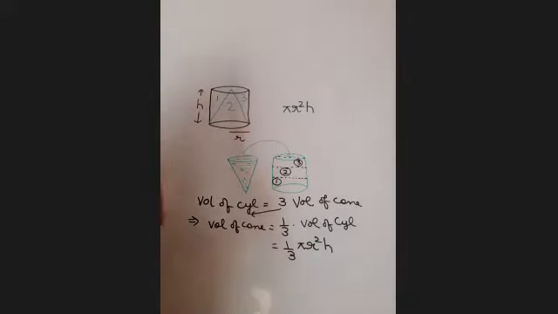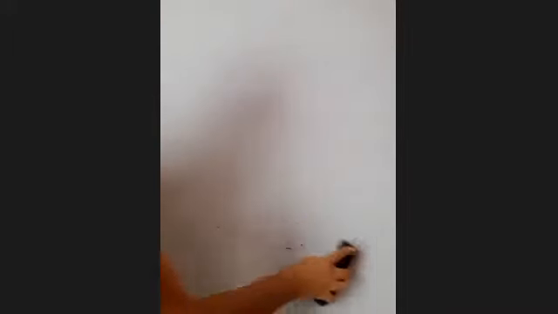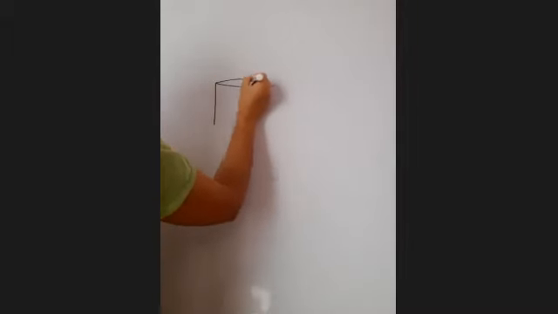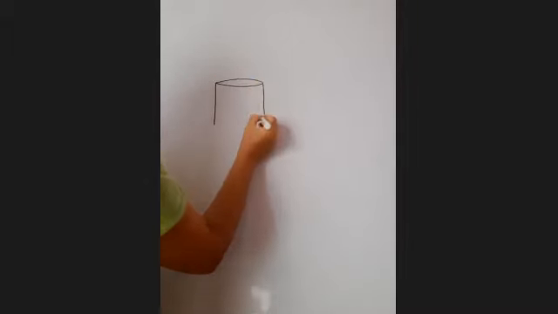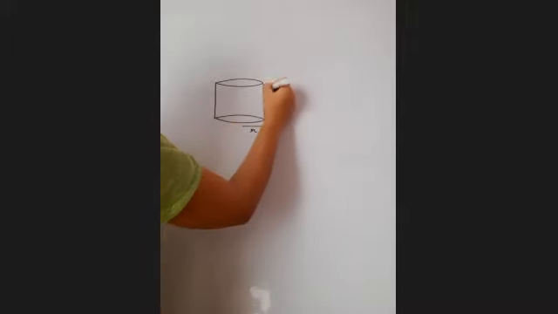Now for the volume of sphere, we are going to take a cylinder and a sphere of the same radius. Suppose this is the cylinder with me. This is the radius r and h is its height.